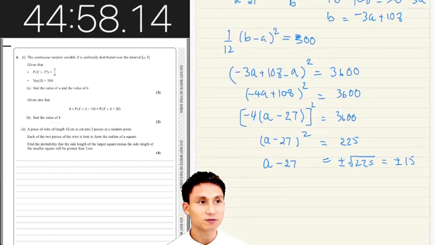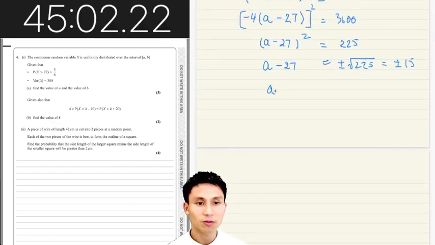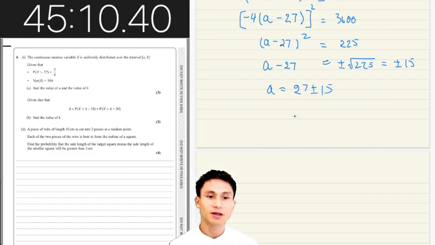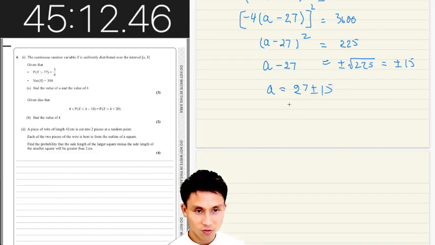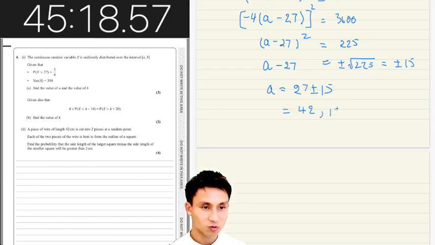Square root 225 is 15, yeah? And that would mean that a would be equal to, if you undo the minus 7 there, sorry, 27 plus or minus 15. So we can have a equals 42 or 12.